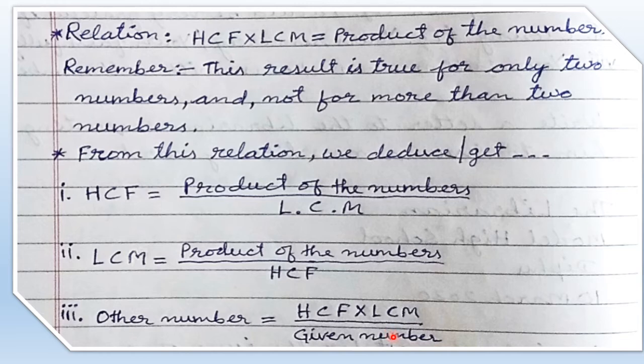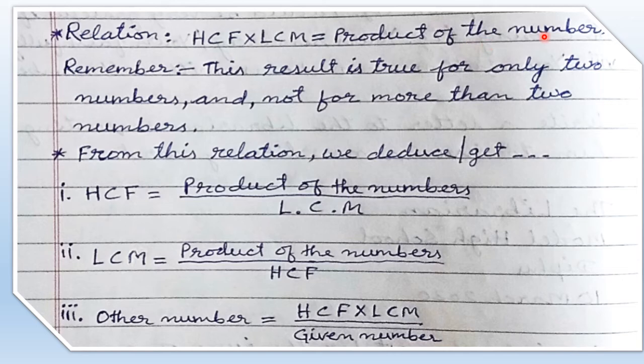So this is how we can find out HCF or LCM or the other number whenever out of four elements three are given, because there are four elements involved. You can see it here. One is HCF, other is LCM, then there are two numbers, one number into the other number.